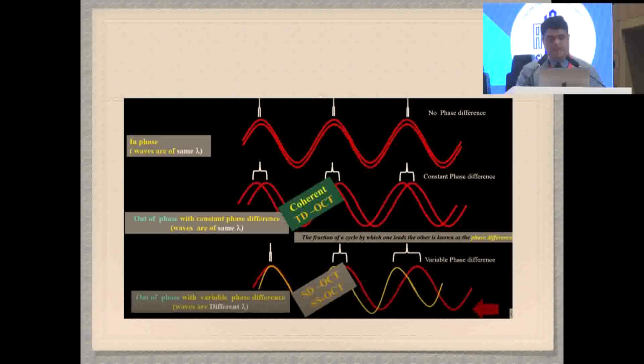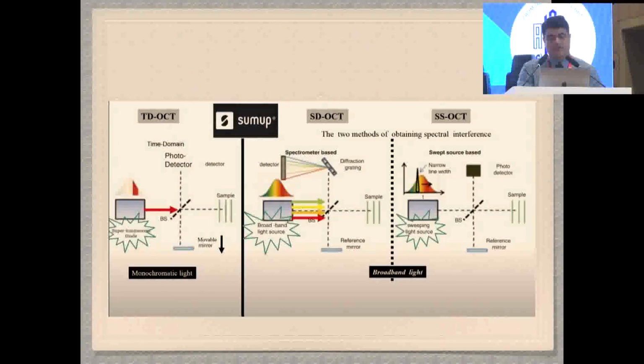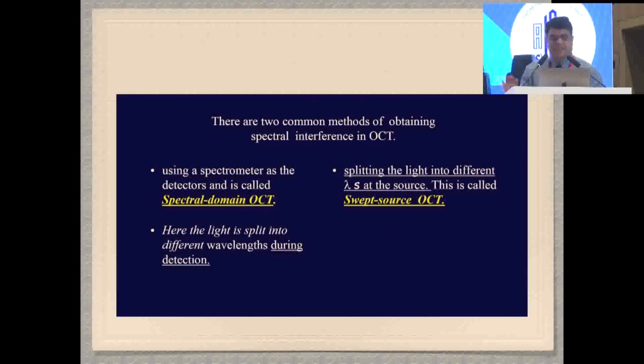So different OCTs, we have seen that we have evolved from the time domain OCT, in which the constant phase difference waves were used, to the spectral domain and the swept source based OCTs now which are used. Basically, the difference between spectral domain and swept source OCT is how the light is captured.